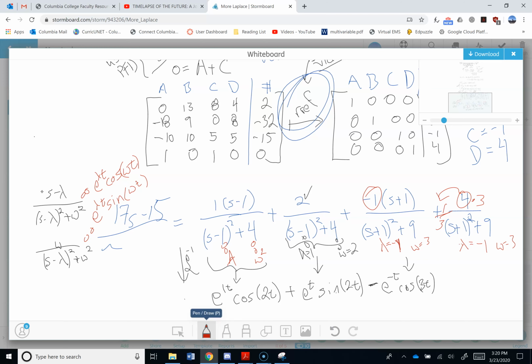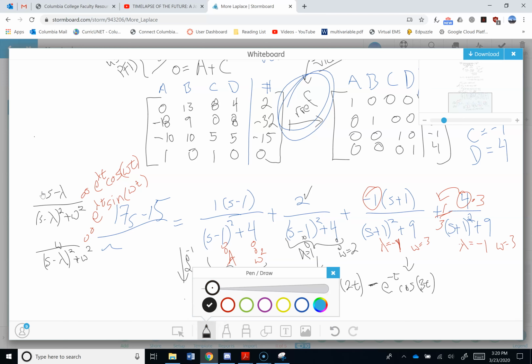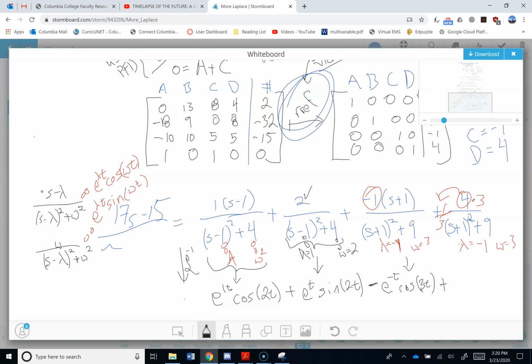So I'm going to have a plus 4, the 4 that I pulled out, over a 3 that I needed to compensate, and then an e to the minus t sine of 3t.